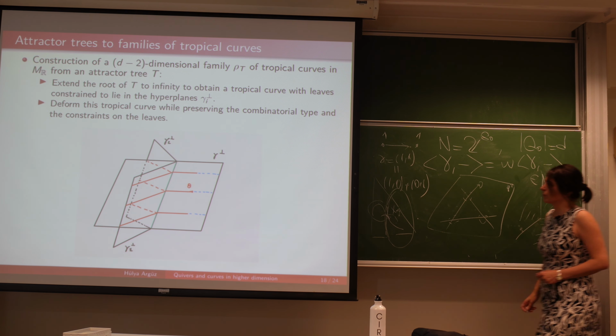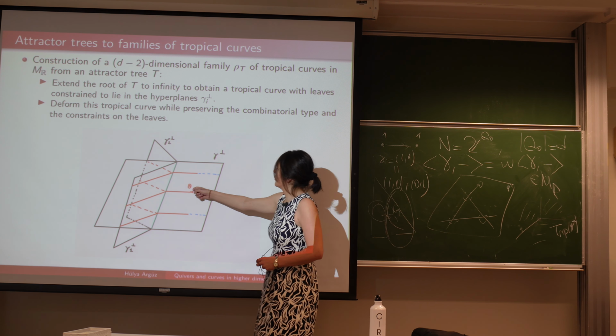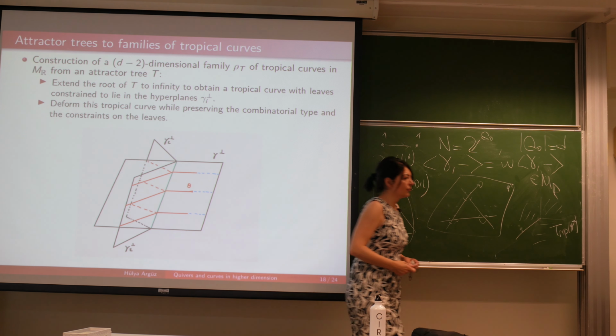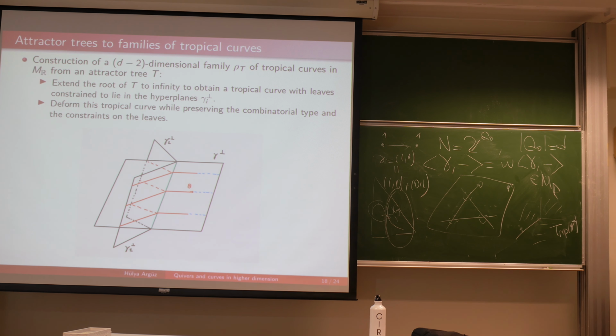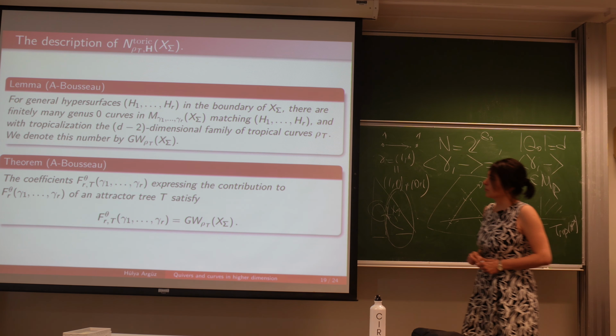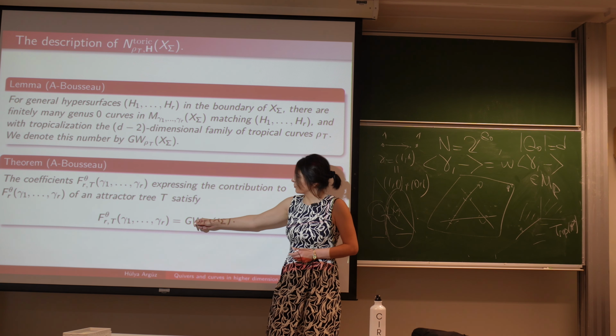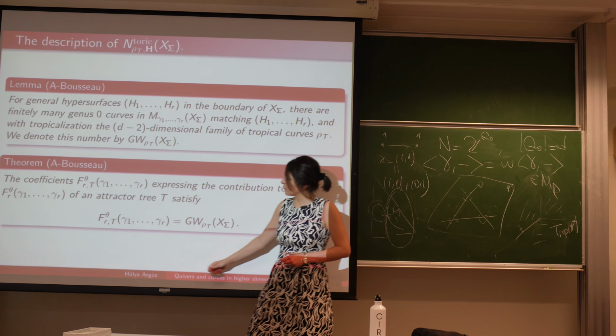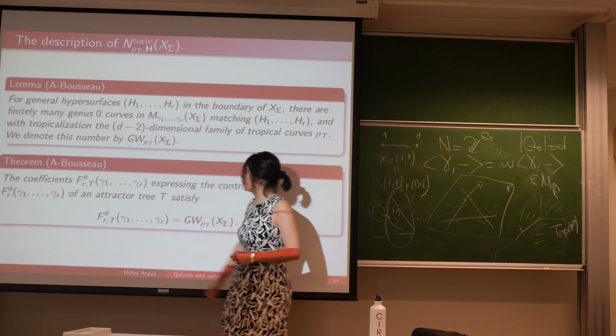So from the data of theta and the dimension vector, we get tropical types. And then we can look at the Gromov-Witten invariants of the tropical type, rho tau, determined by theta and the gamma.